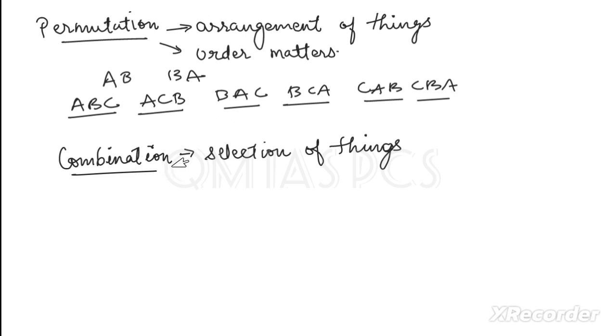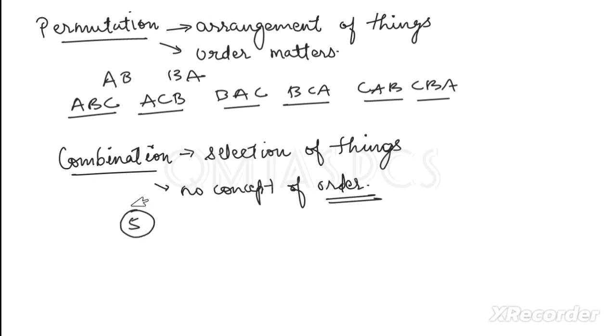But in the case of combination, it's called selection of things. There is no concept of order. Let's say there are 10 items, and out of 10 we have to select only 5.